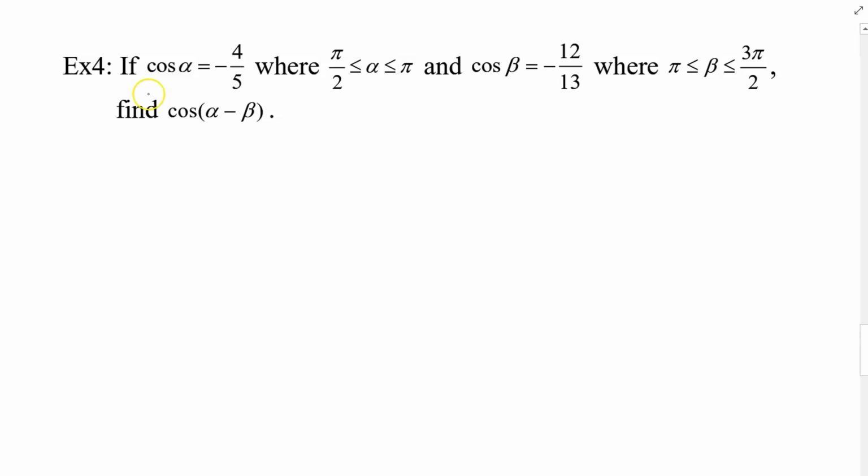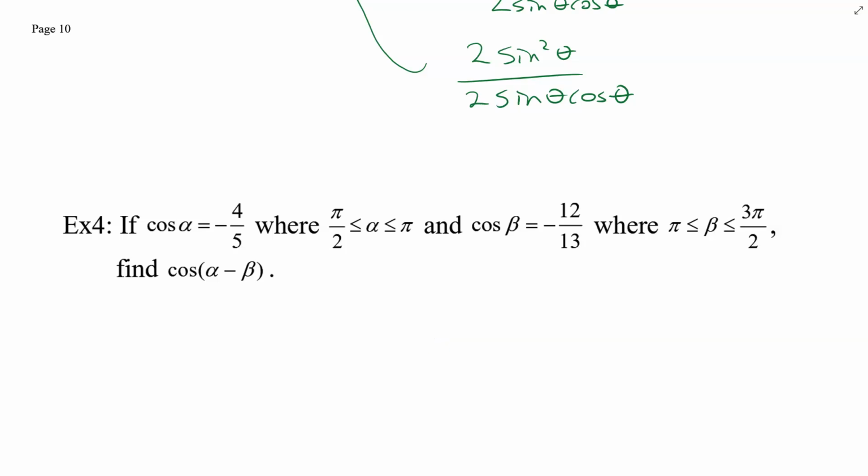It says if you're given cos alpha in, I wonder which quadrant that is, somewhere between pi over 2, and this is pi over 2 here, and pi. So it seems to me that that is quadrant number 2. And you're given cos beta, which is in, I think this is quadrant number 3, between pi and 3 pi over 2. Find cos of alpha minus beta.